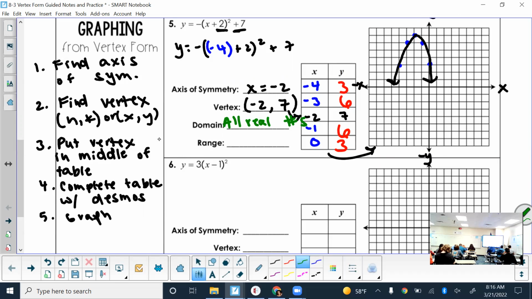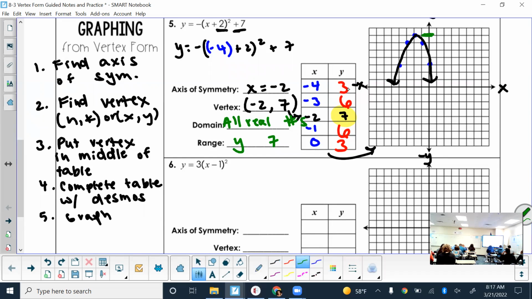So we're going to have an inequality. We use the letter y because it's the range. What y value do we use? We're going to use 7. So just kind of look at where the graph stops. It stops at y equals 7. Or just use the y value of your vertex.